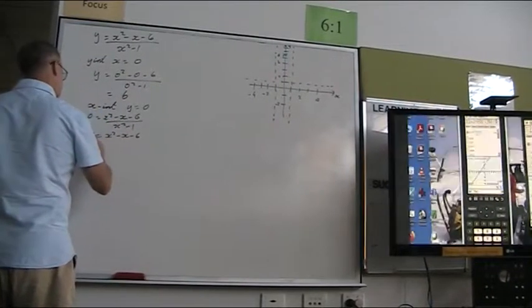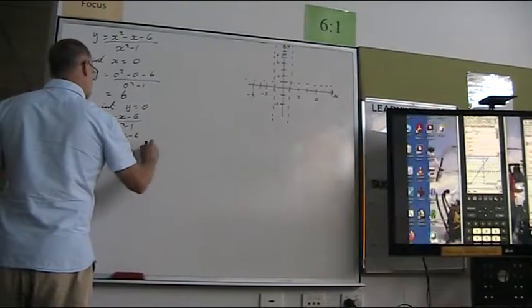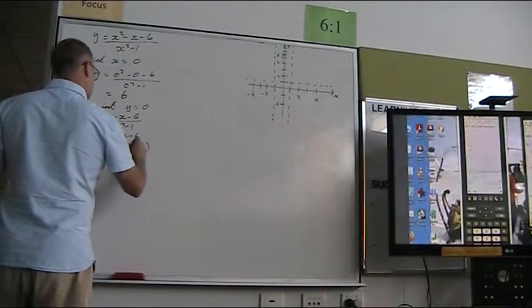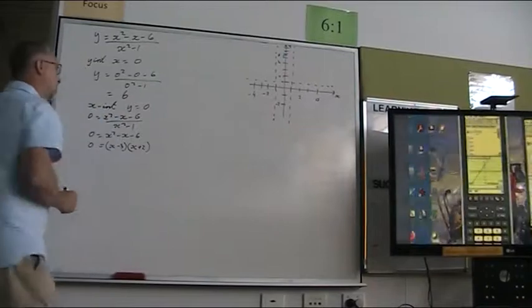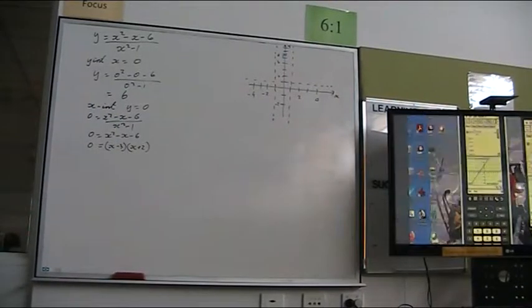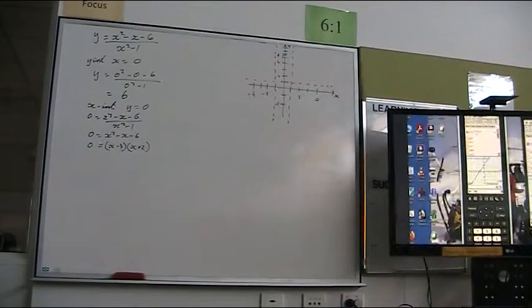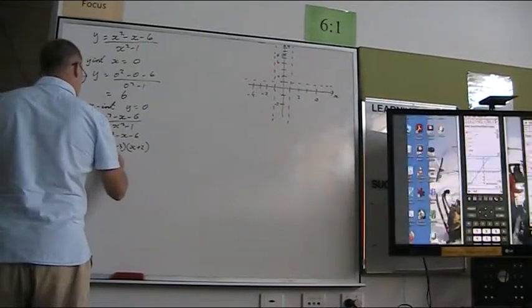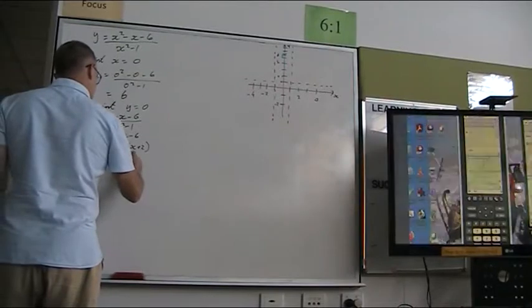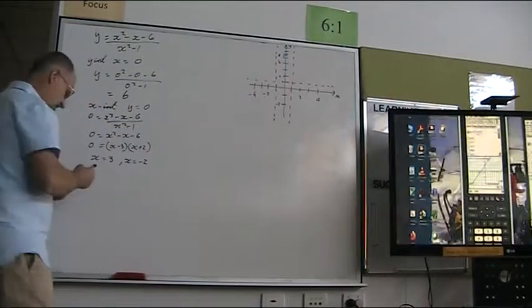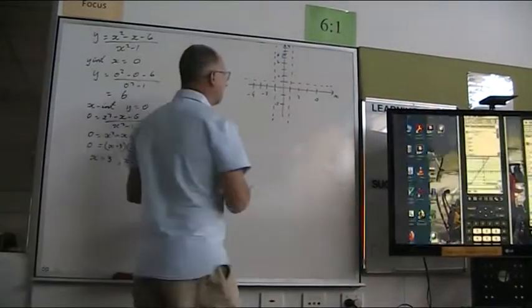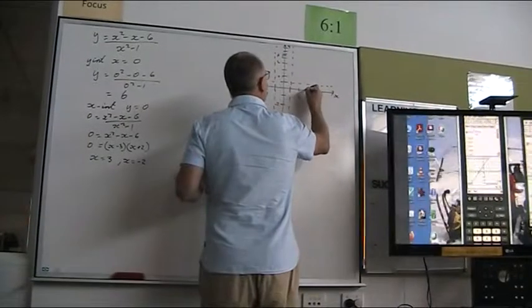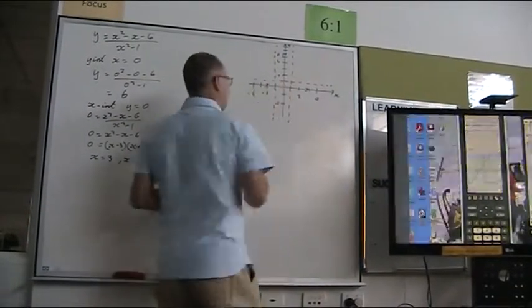And I'll factorise that: x minus 3 and x plus 2. So our x-intercepts are where? 3 and negative 2, I should say. So, x equals 3. x equals negative 2.